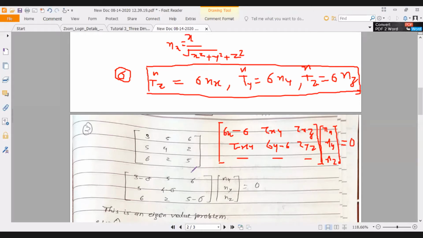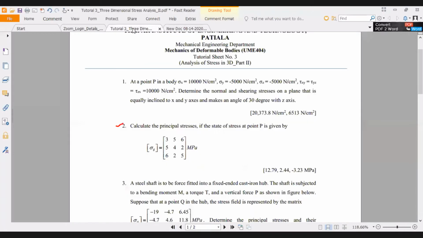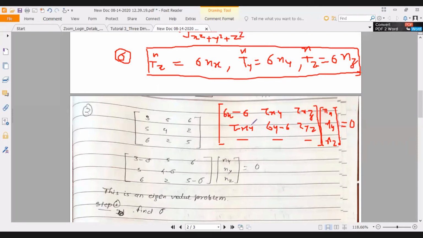Now our given three-dimensional stress field is something like this: 3, 5, 6, 5, 4, 2, 6, 2, 5. So you can write this equation in this form: 3 minus sigma, and so on. In this equation, these sigmas are our principal stresses.